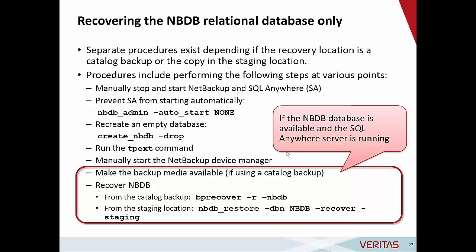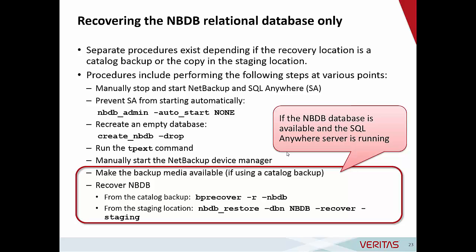And then we're going to go ahead and manually start the NetBackup device manager, make the backup media available if we have to come from tape, and then use the bprecover command with a -r and -nbdb, and that'll cause NetBackup to recover just the NetBackup database. Now notice that command is assuming that I have to recover it from a catalog backup.